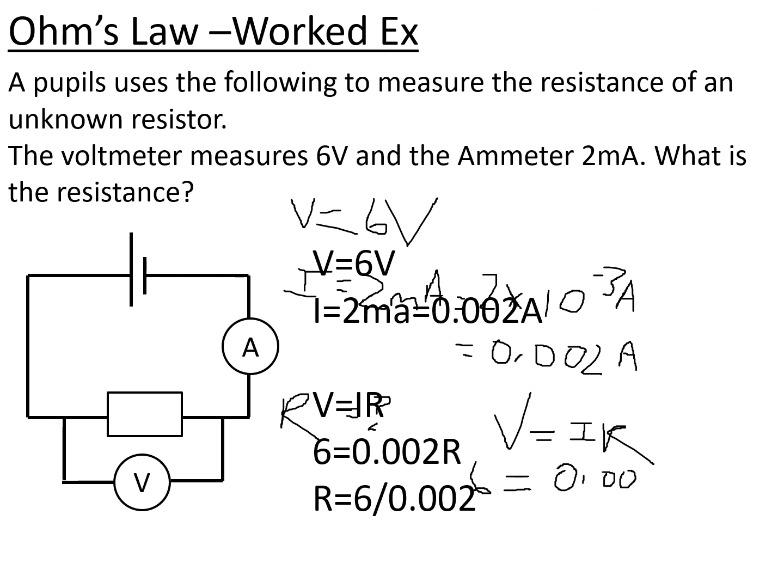So put in your numbers first of all. And then that's you got your second mark. And then the final mark is really just for doing the calculation and writing down the right answer. So it would be 6 over 0.002.